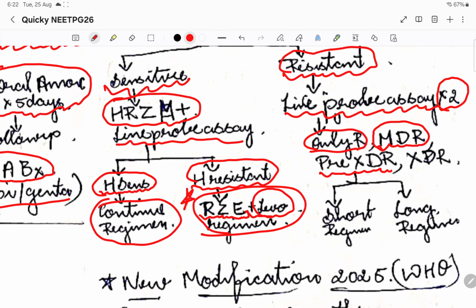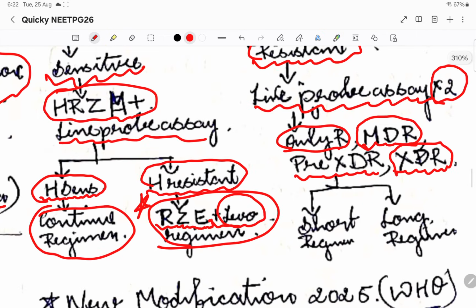Pre-XDR means even the fluoroquinolone is affected, whereas in XDR we are going to see whether even the bedaquiline and the linezolid are also resistant. I'll come back to this.